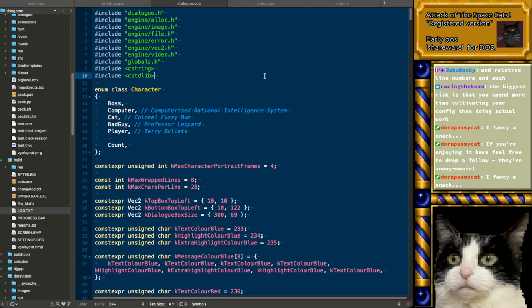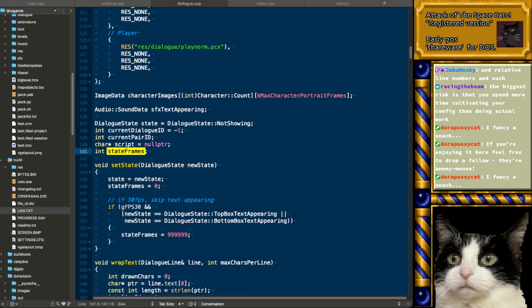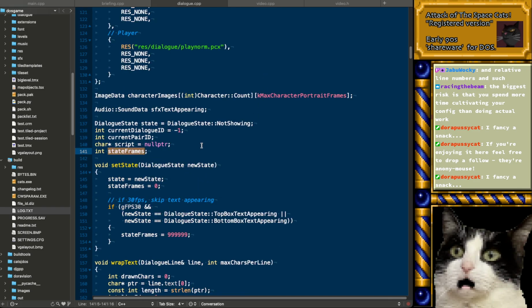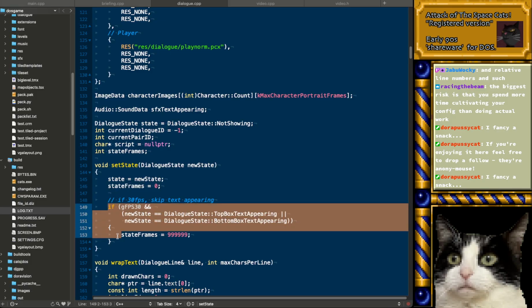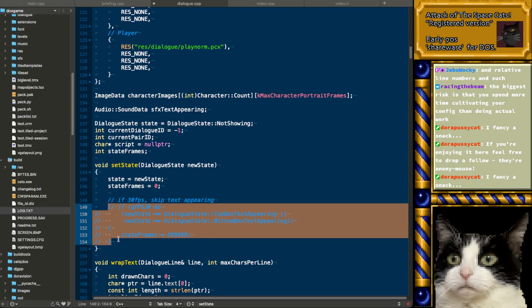What the? State frames. Not given an initial value, which is a little strange. Oh, there it is. When we set the state, it goes to 0. That's the text appearing there, that's a different one. I'd also quite like to disable that anyway.